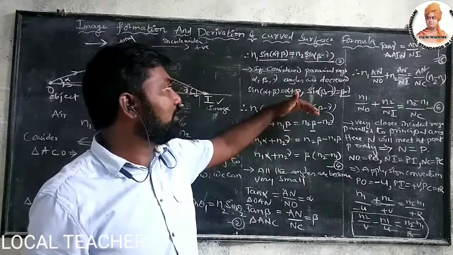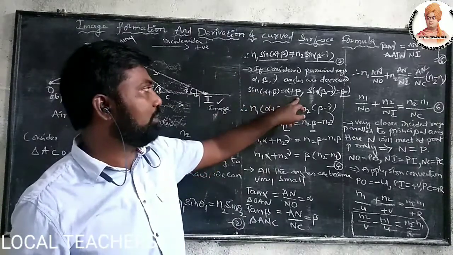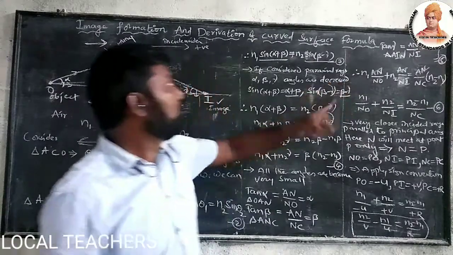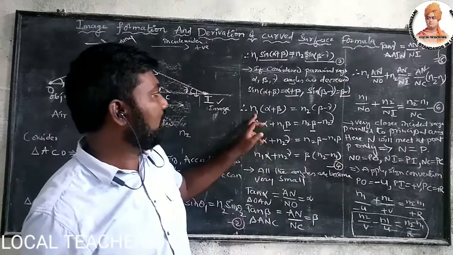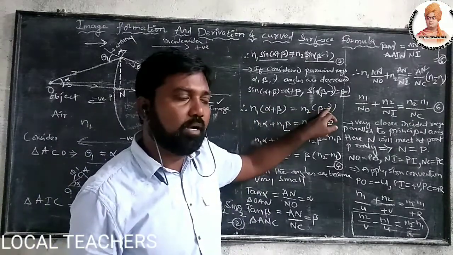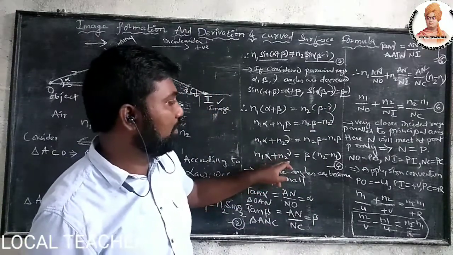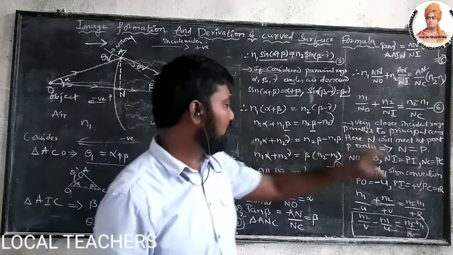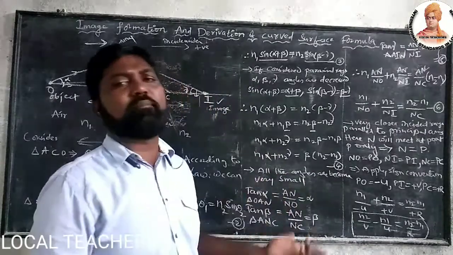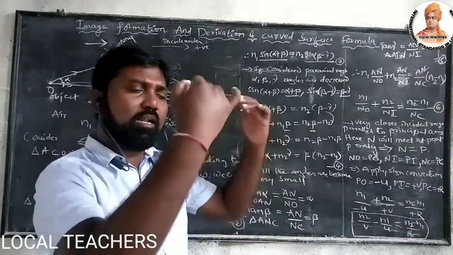As the angles decrease, sin(alpha plus beta) becomes alpha plus beta, and sin(beta minus gamma) becomes beta minus gamma. So I got N1(alpha plus beta) equals N2(beta minus gamma). Expanding that, I finally got N1 alpha plus N2 gamma equals beta into (N2 minus N1).